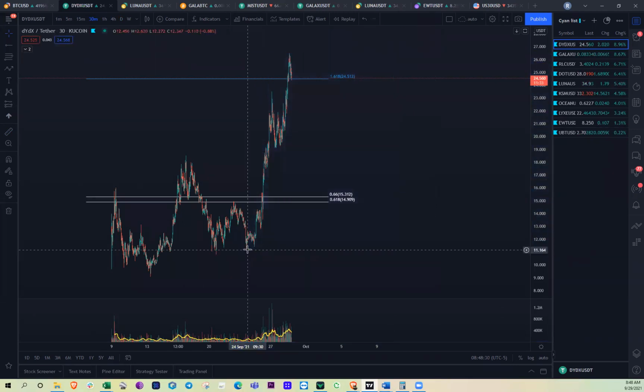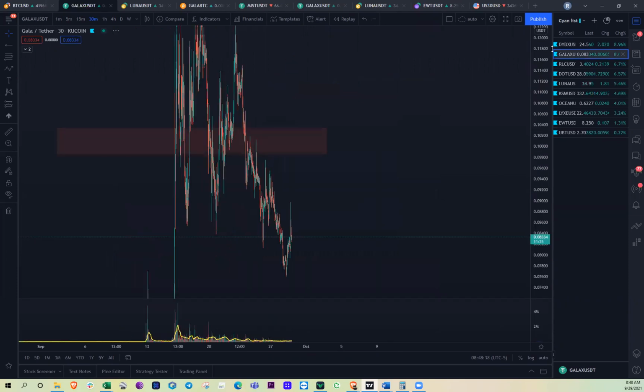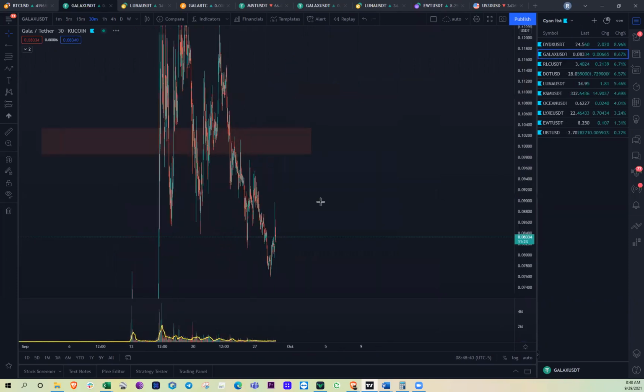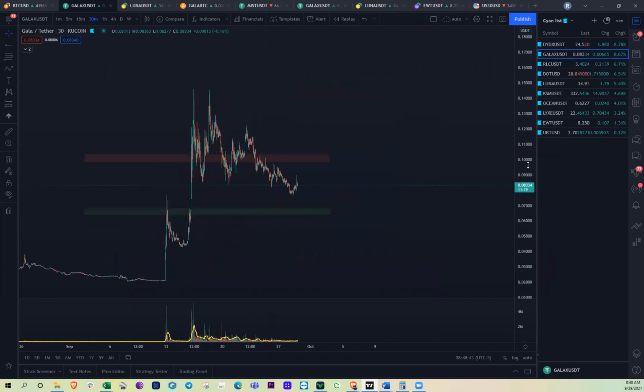So for the past 5 days, 140% on DYDX. We're still in the bull market. Next one is Gala. Gala has had its pullback. It did break down here, so I'm looking to load up at the 6 cents area. But still a solid project within the gaming industry.